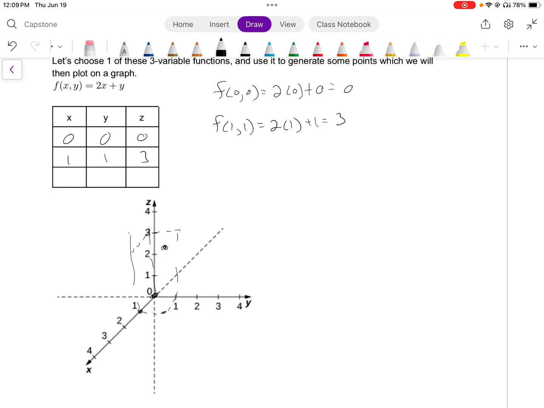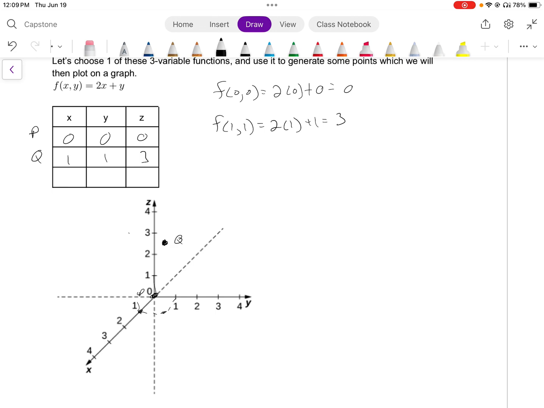Right here, there's our next point. Sorry, I like to use the graph to visualize where these points are. Let's call this point P. Let's call this point Q.